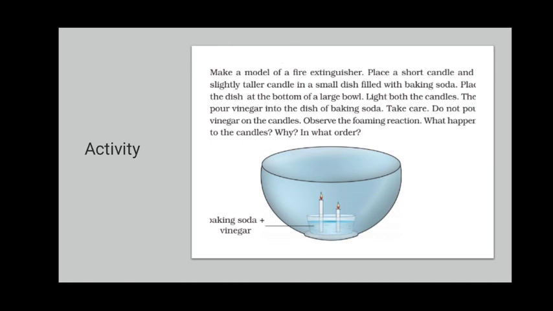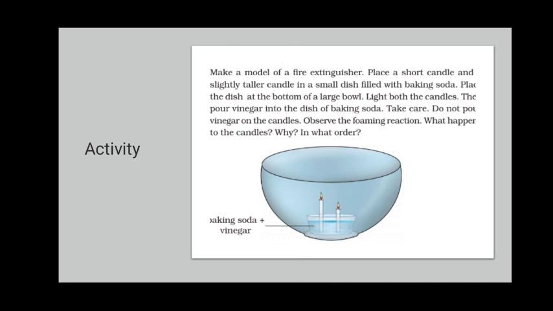Baking soda is the normal cooking soda you use in the kitchen. Place the dish at the bottom of a larger bowl. Inside the smaller dish you have baking soda, and inside it you keep two candles of comparable size, and light both candles.